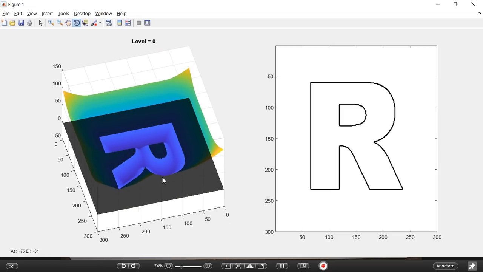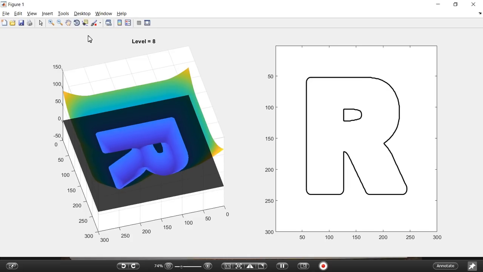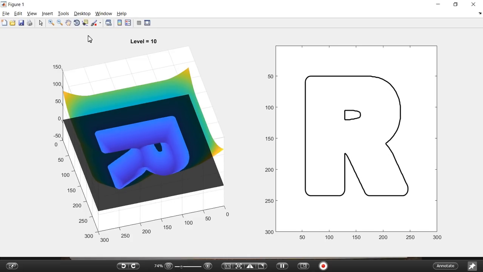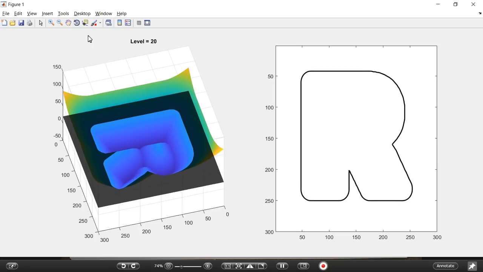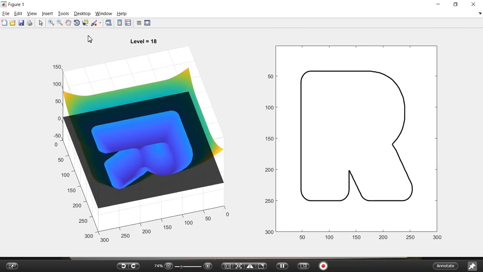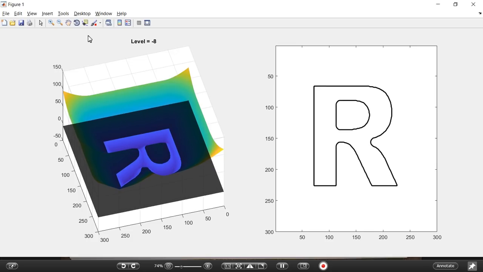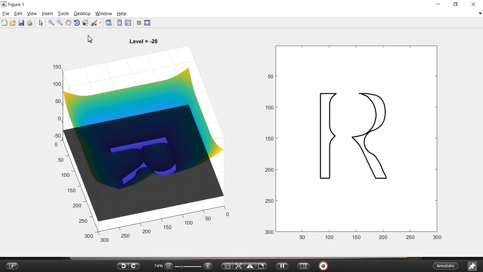And as I change the level of the plane, for example, I could say, okay, where is this function equal to 20? I get the outside of the R. And then as I move this down, I can start getting the hole. And as I move it down even further, I get disconnected pieces, and then I get nothing, right?